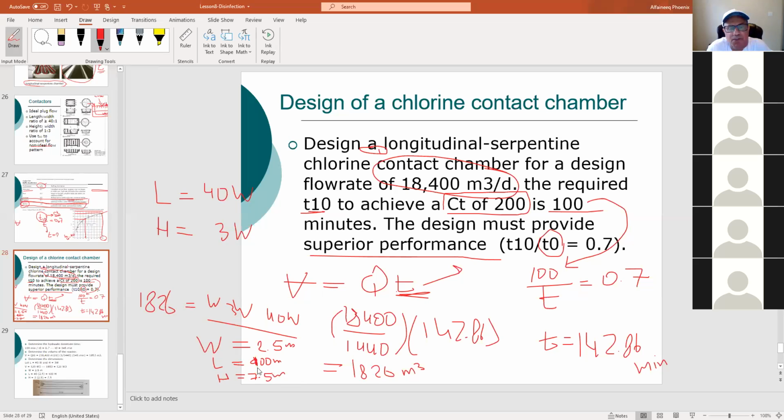Now maybe this is too long, okay? So we go with a serpentine layout, make it three lines. Go, come back, and go again. Be careful, this is the direction going from the inlet to the outlet. So you do forward, backward, forward. Depends how long it is.